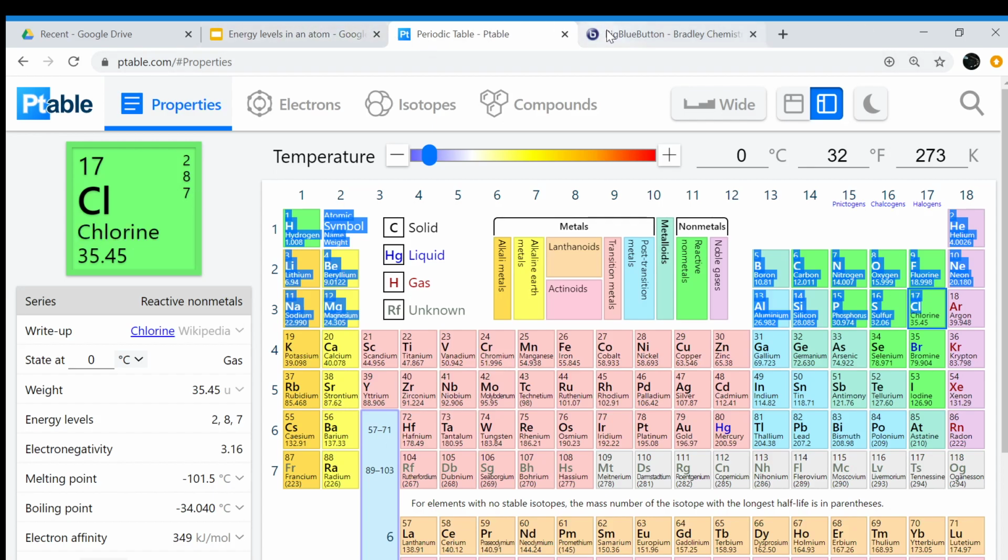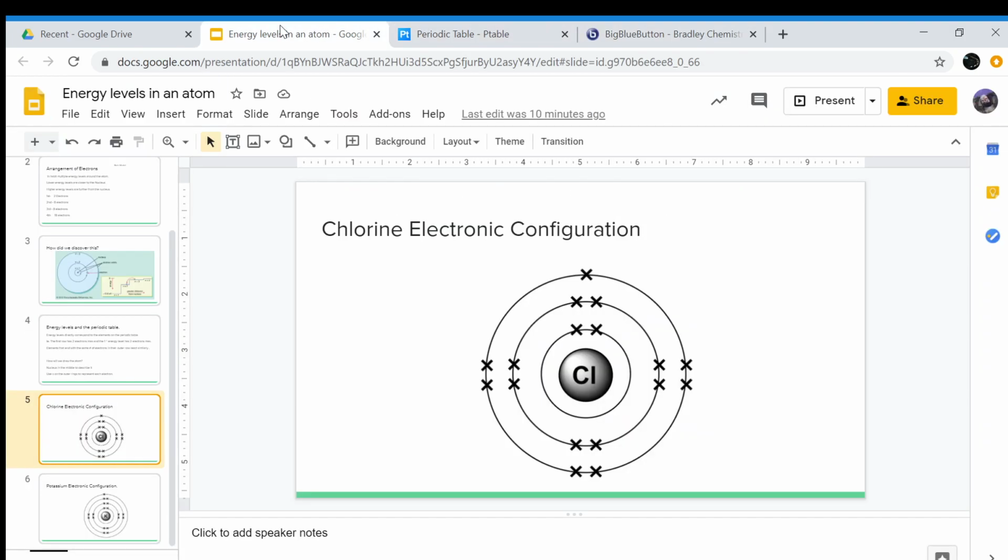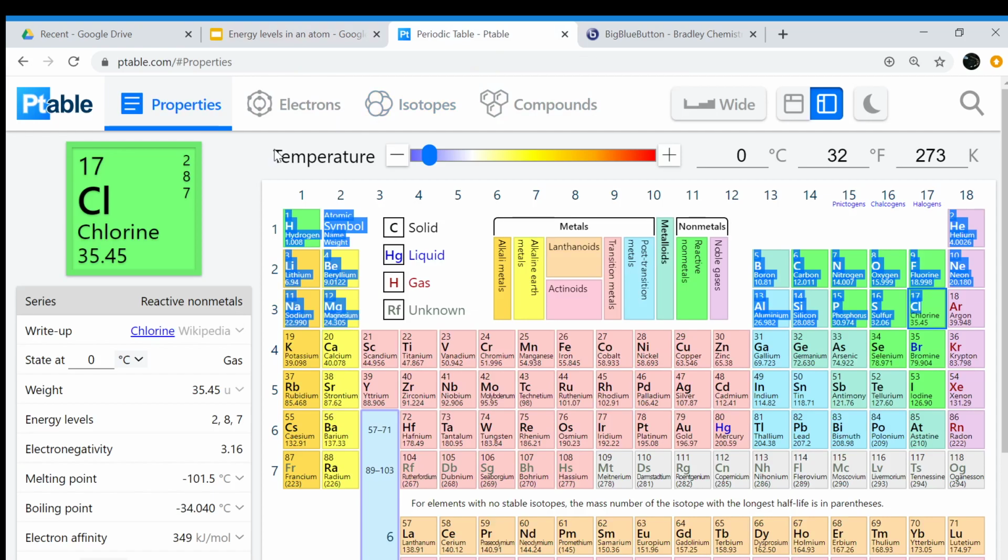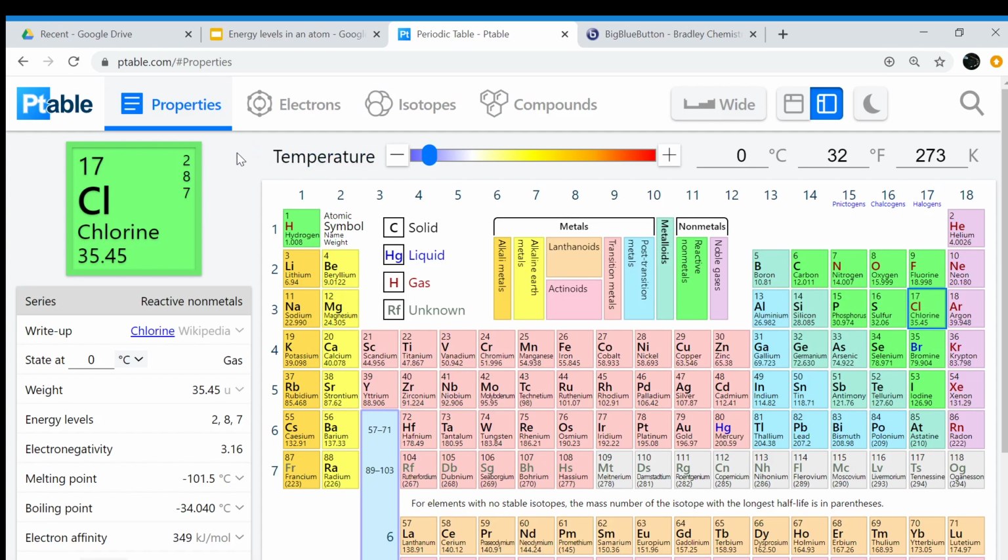The next one that I'd like you to pause and take the time to do is potassium. So go ahead and do the one for potassium, which is this one right here. So pause it and give it a try.